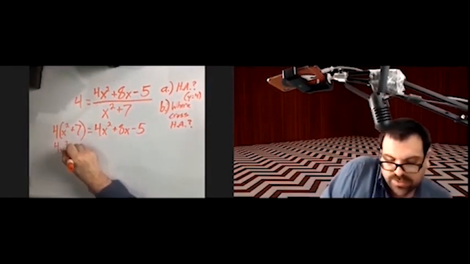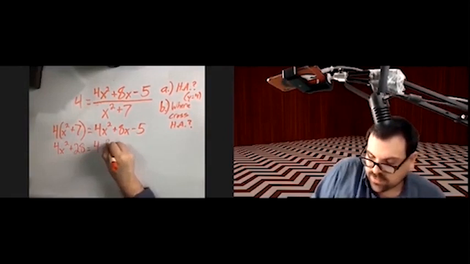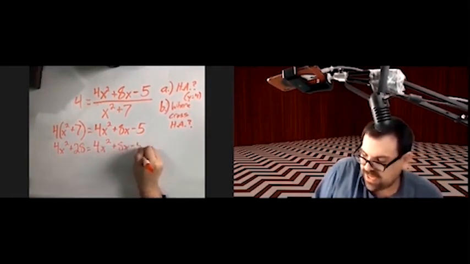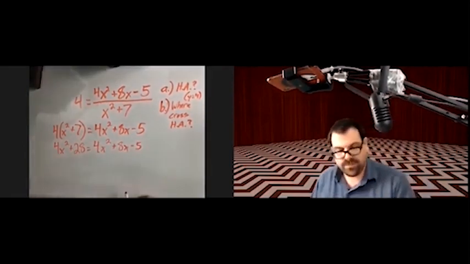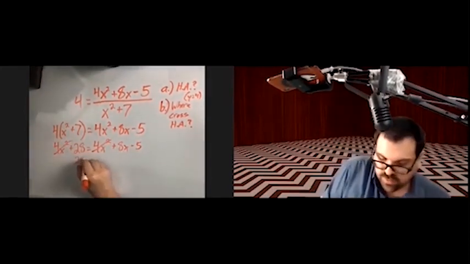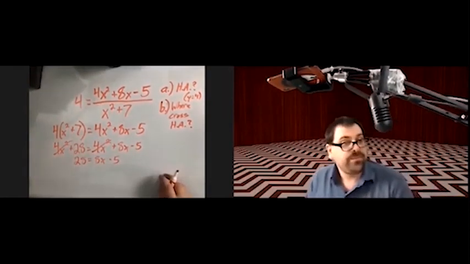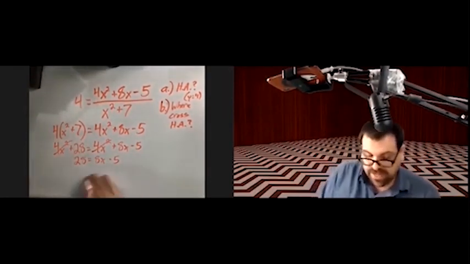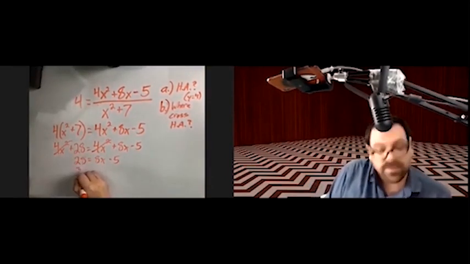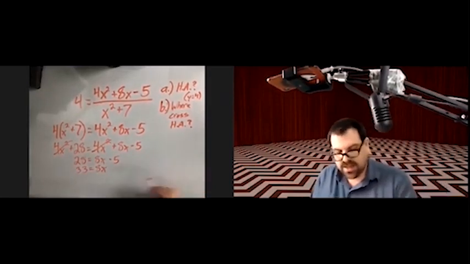Distribute: 4x squared plus 28 equals 4x squared plus 8x minus 5. Subtract 4x squared from both sides, leaves us with 28 equals 8x minus 5. Add 5 to both sides, 33 equals 8x.